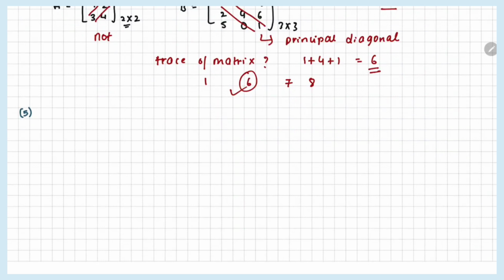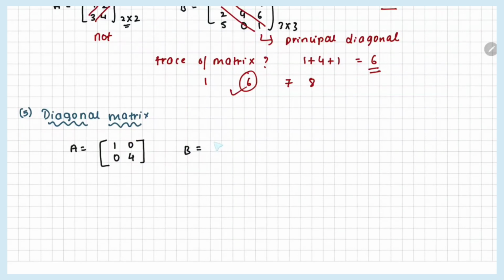The fifth matrix is the diagonal matrix. I'll teach you how. First I'll give you some examples. A is equal to 1 0 0 4.